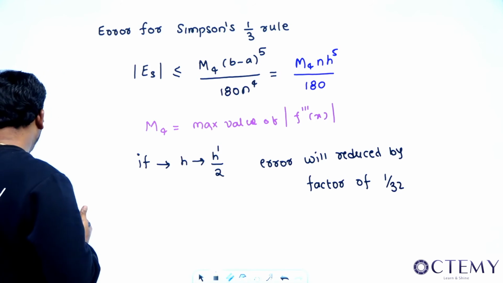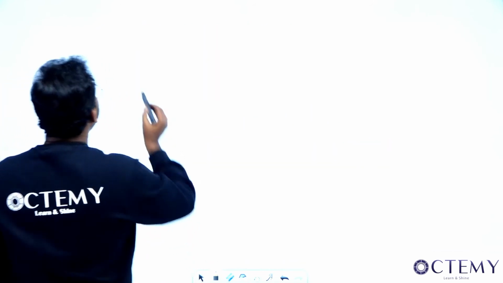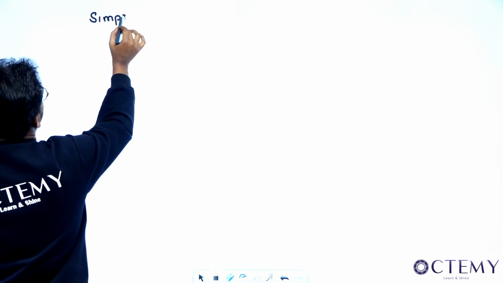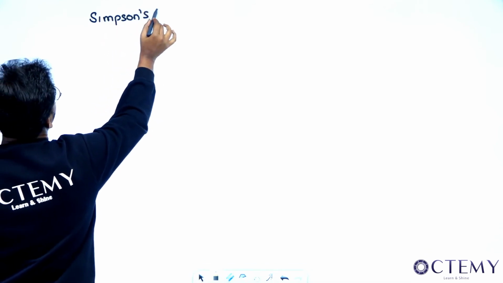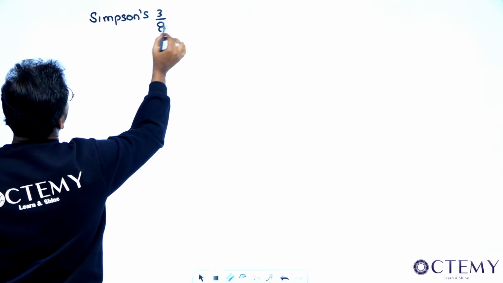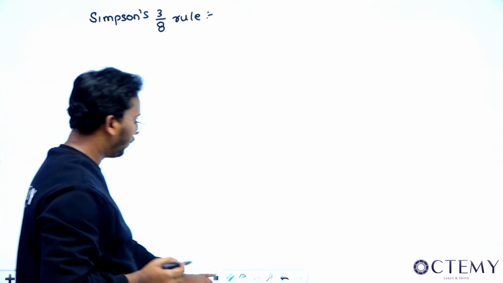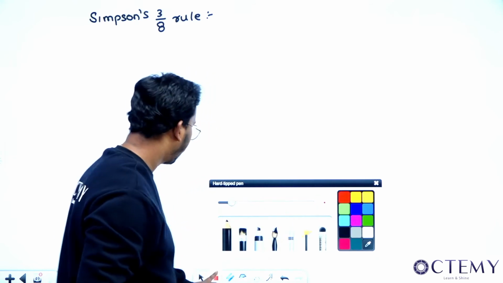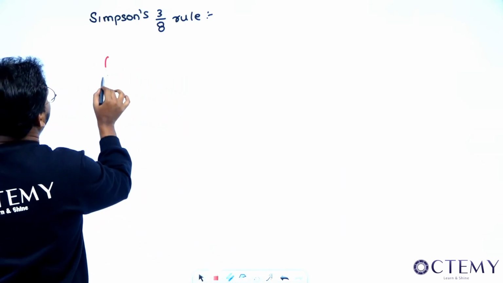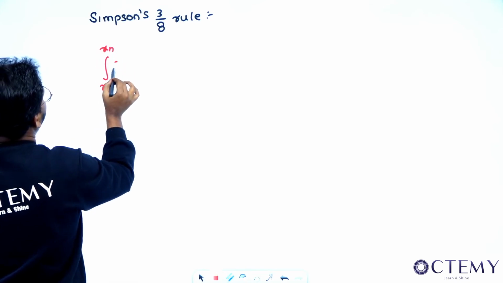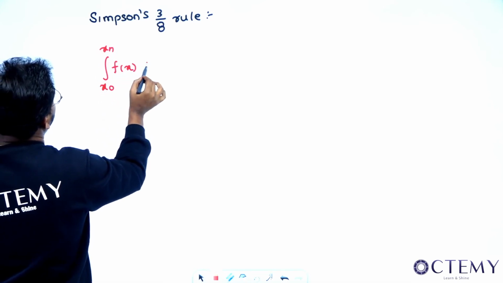Now, let me go to the formula of your Simpson's 3/8 rule. So see sir, how do you remember this 3/8 rule? This will also have the integral from x0 to xn of f of x dx.